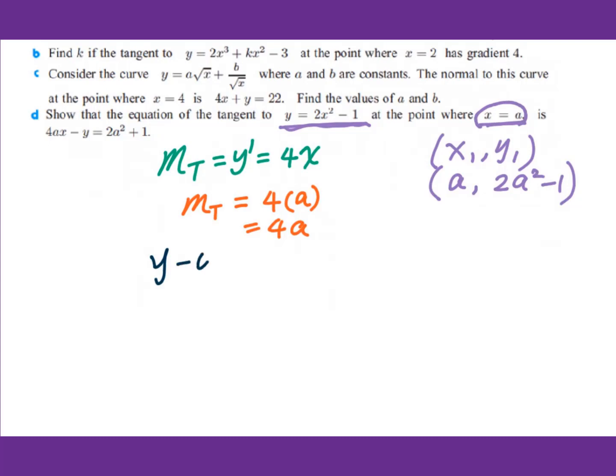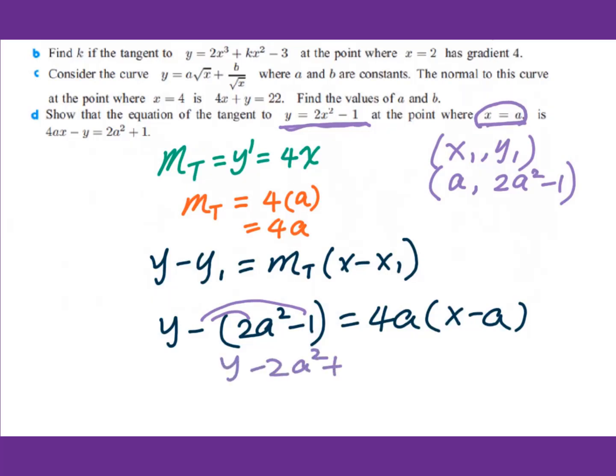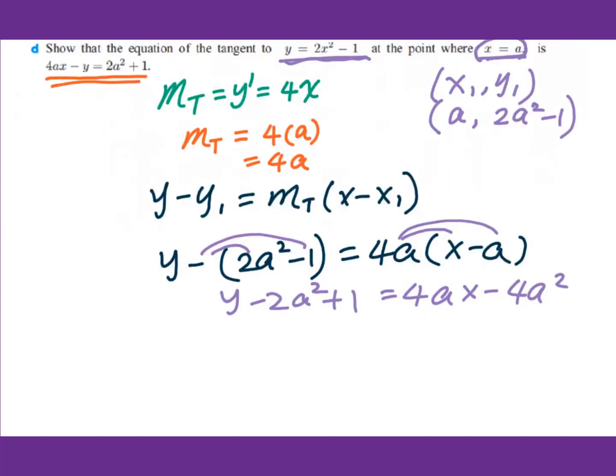Therefore, I use this formula. You can get y minus, 2a squared minus 1, equals 4a times x minus a. We organize. This is a distributive property. y minus 2a squared plus 1 equals, distributive property, 4ax minus 4a squared. Check this equation. We've got to turn it into this equation though.